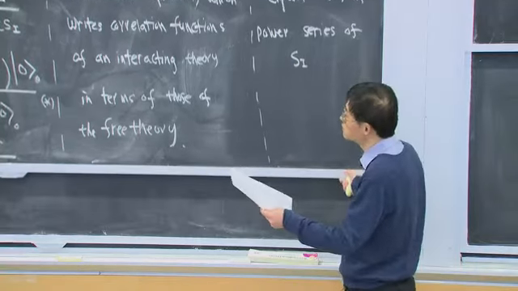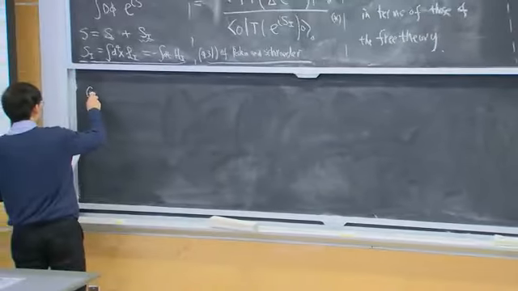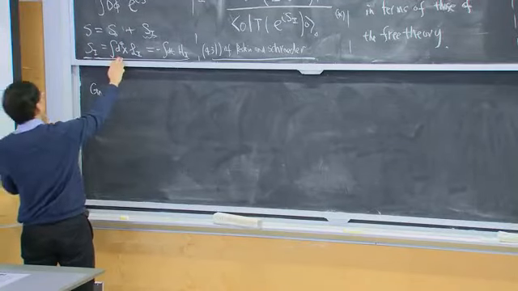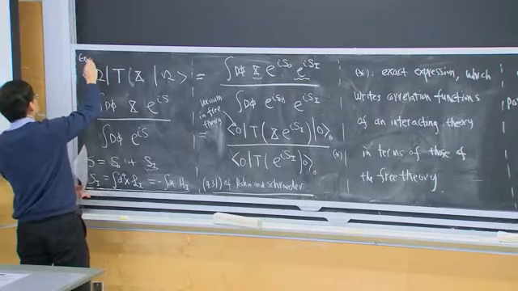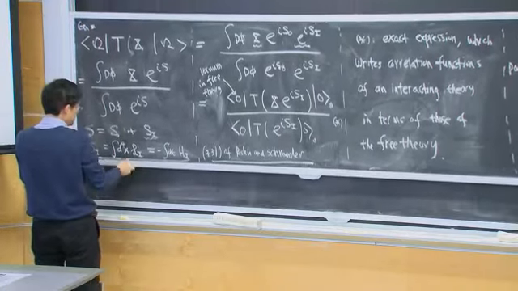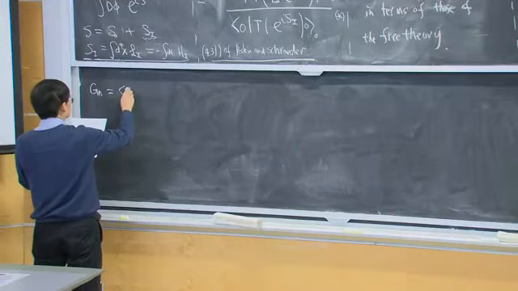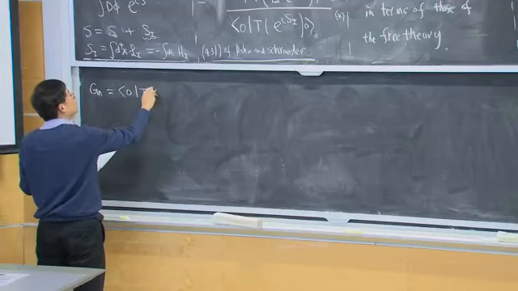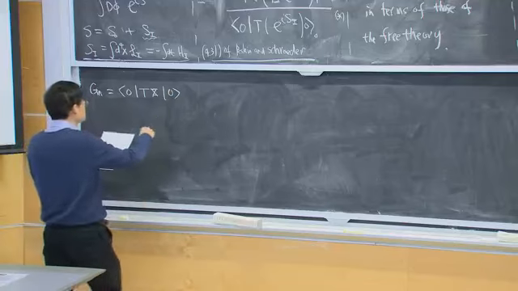So more explicitly, say we consider G_n, for the full theory. Just say this is some n-point function. We can write G_n explicitly: at the zeroth order you just have T x, with the free theory, upstairs.